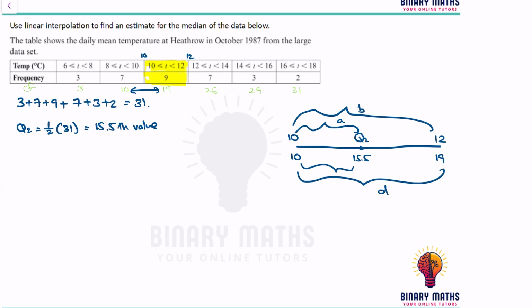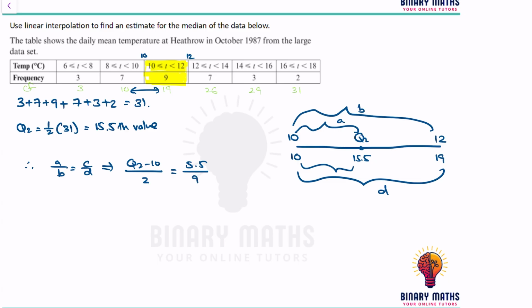So A over B is equal to C over D, which implies (Q2 minus 10) over (12 take away 10), the space between, which is 2, must be equal to (15.5 take away 10) over (19 take away 10), which is 5.5 over 9.